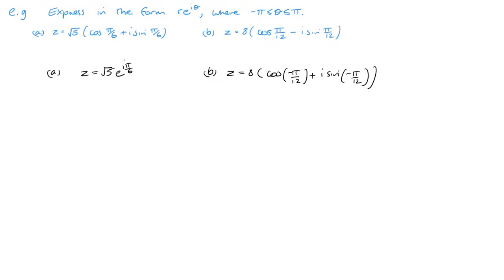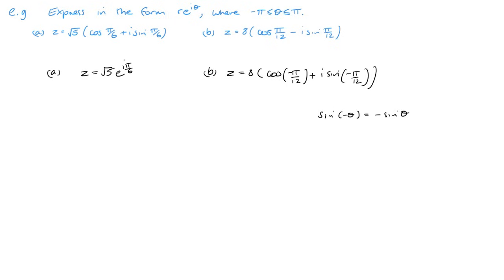Okay, now cos of minus pi by 12 is exactly the same as cos of pi by 12. The negative angle and the positive angle are the same, and we've done that all the way back to GCSE. You should know that and think about it from your cos diagrams. But with the sine, changing the angle to negative would change the whole thing, because sine of minus theta is equal to minus sine of theta.